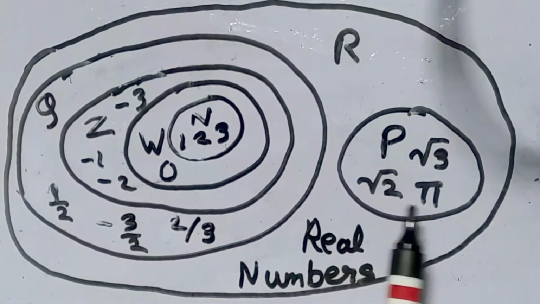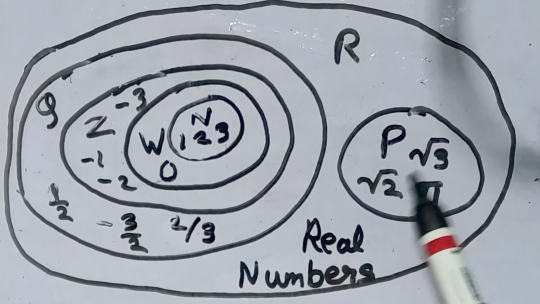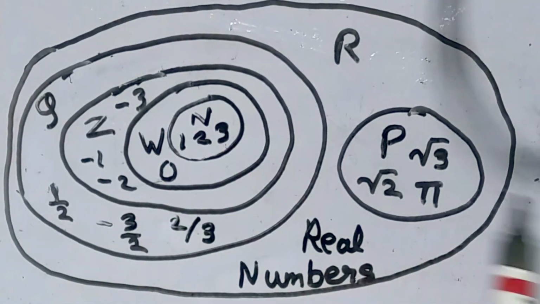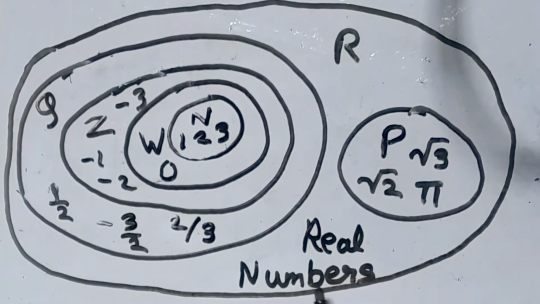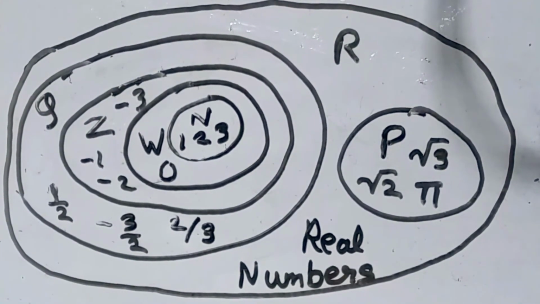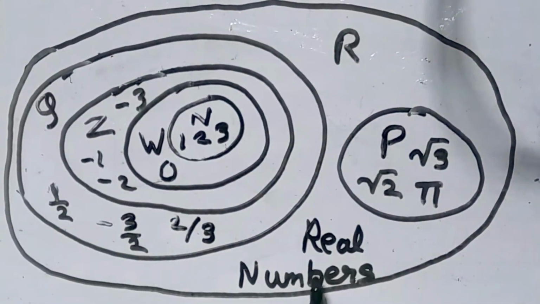Remember, irrational number is separate. The number which is not rational will be irrational, and rational and irrational numbers together we call real numbers. So natural numbers are also real numbers, whole numbers are also real numbers, integers are also real numbers, rational numbers are also real numbers, and irrational numbers are also real numbers.